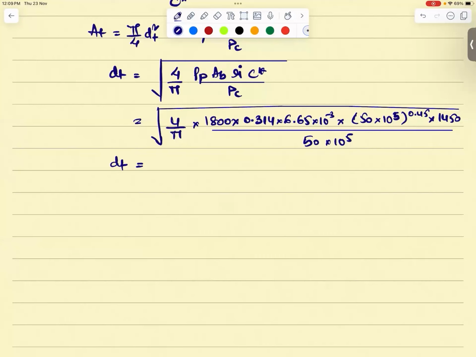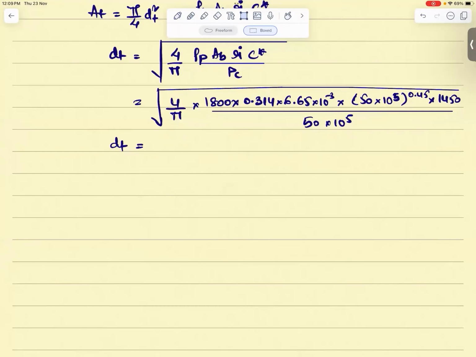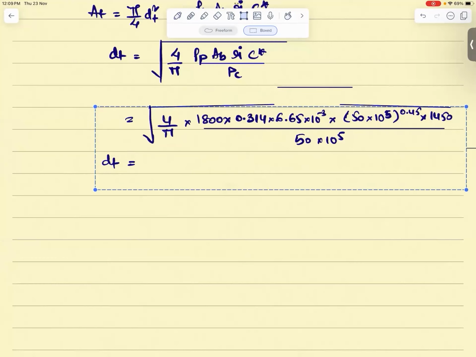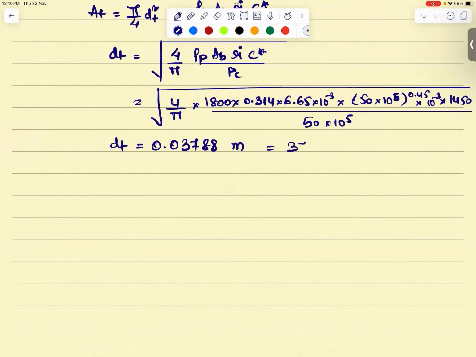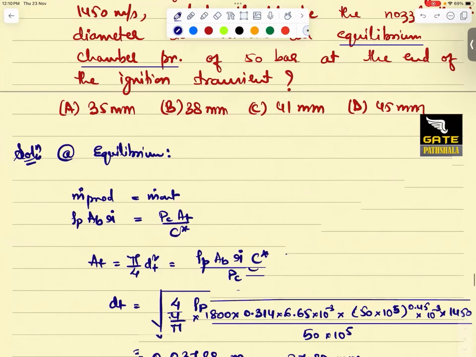Look at the unit of R dot. If it is coming out like this, it is wrong. What you are missing is this: R dot is in mm, so multiply this by 10 to the power minus 3. I need this in meters. 0.03788 meters, that is equal to 37.88 mm. I hope you all got this. This 10 to the power minus 3 was important here because the burn rate is given in mm per second.